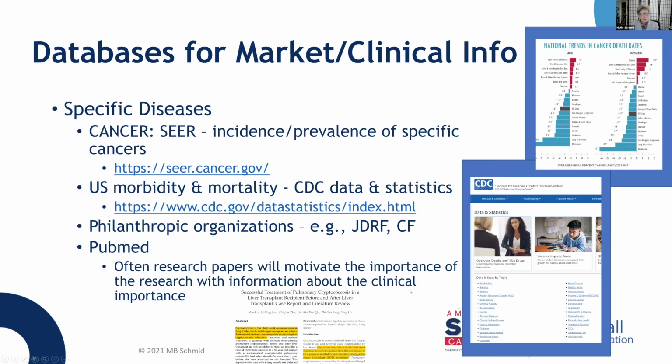All right, so you saw for the antifungals where they could obtain some of the market and clinical information. If you have other specific diseases, other things you're trying to accomplish, know that there are specific databases that accumulate information about different types of diseases. Here, for cancer, the SEER database has incidence and prevalence of specific cancers that's kept incredibly up to date, has great historical data, so you can see trends in cancer and different types of cancers.